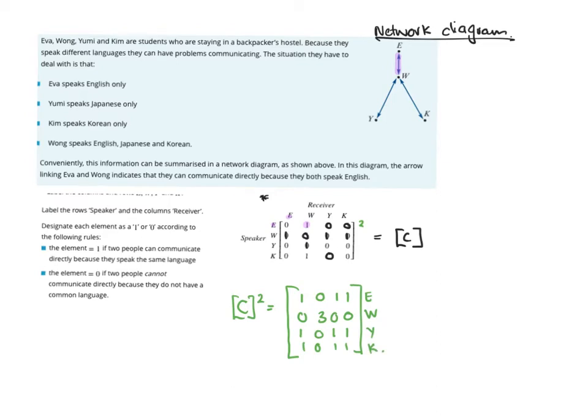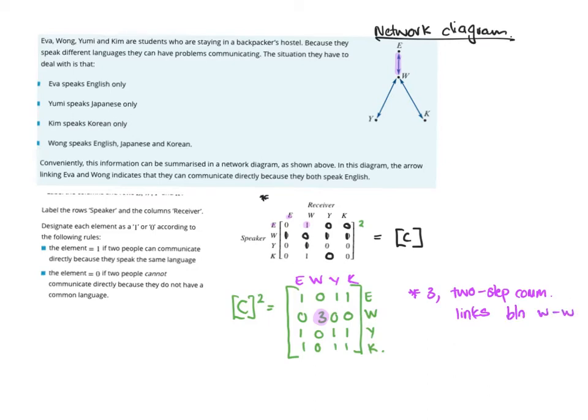Now if we have a little look at this 3, what that 3 indicates is there are 3 two-step communication links between, now remember this is Eva, Wong, Yummy and Kim, between Wong and Wong.